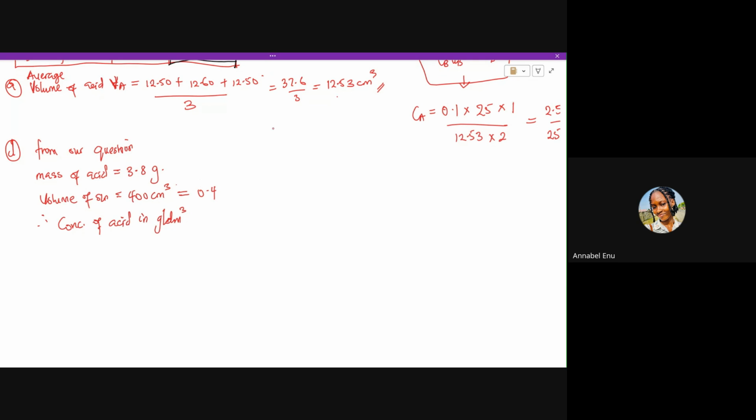Remember the conversion we did last time. We say 1000 centimeters cube equals 1 dm cube. So 400 centimeters cube will be how many? We'll cross multiply: 1000 times the unknown equals 400. So we're dividing both sides by 1000. This cancels, this cancels. We have 0.4, right?